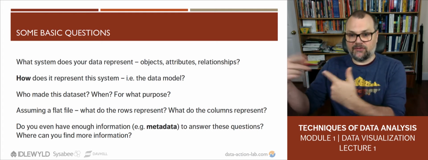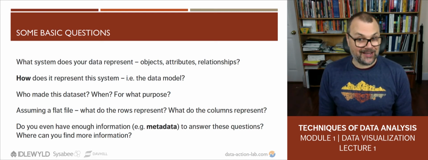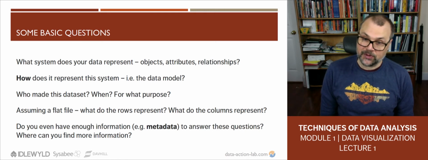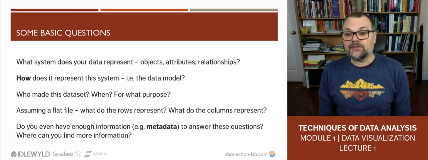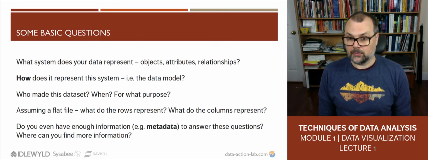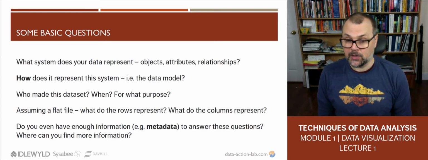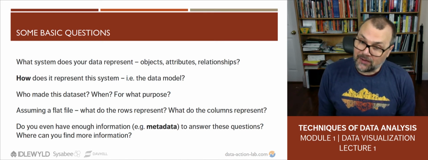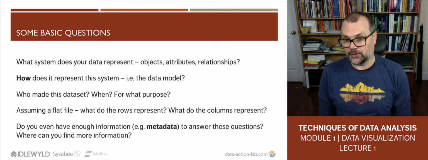We need to build a flat file from the various data sources or data tables in our database. Do you actually understand what the flat file is meant to represent? Do you have enough information as a whole to answer these questions? Do you, for the contextual understanding, for the representation of the system? And if you don't have enough information, where can you find more information?